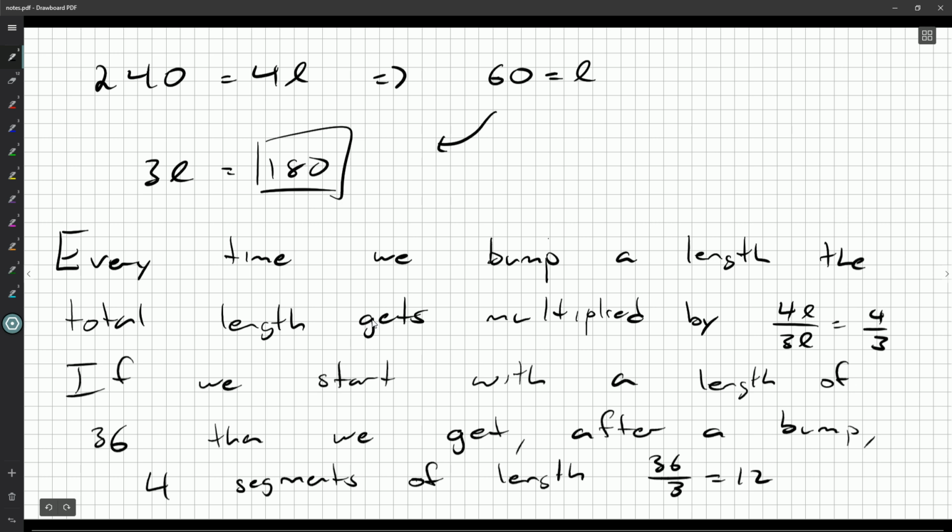So now in total we have 48. Each one of them is 12.